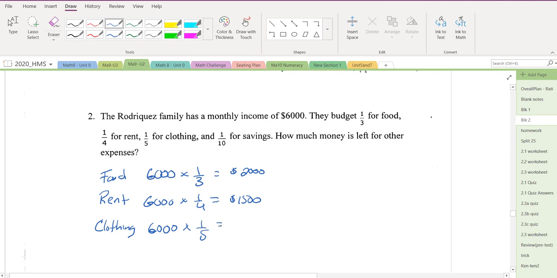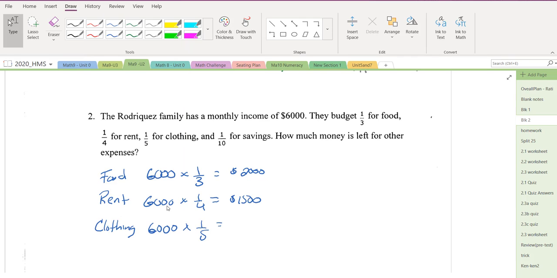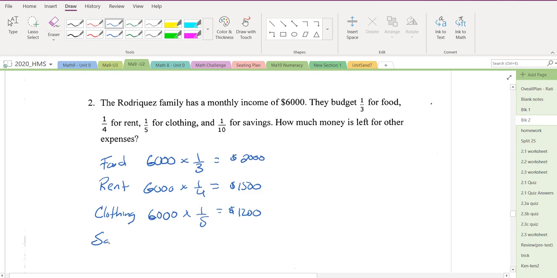So 6,000 divided by 5 is 1,200. Then savings is 6,000 times 1/10, which would be 600.